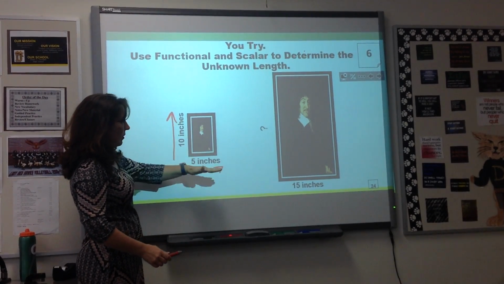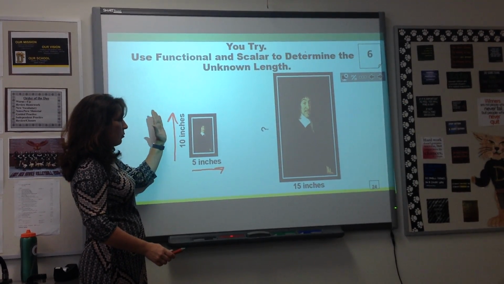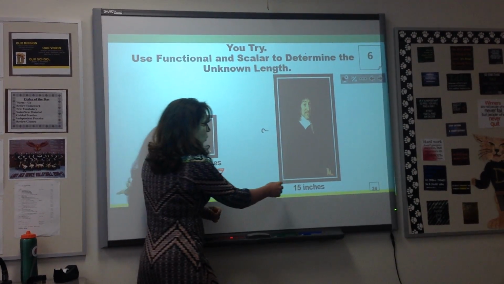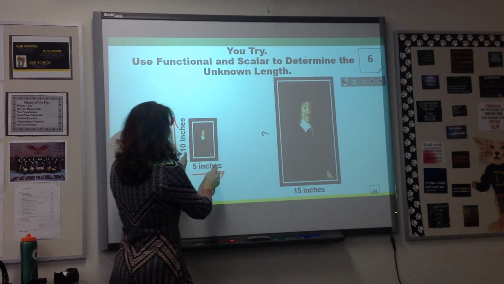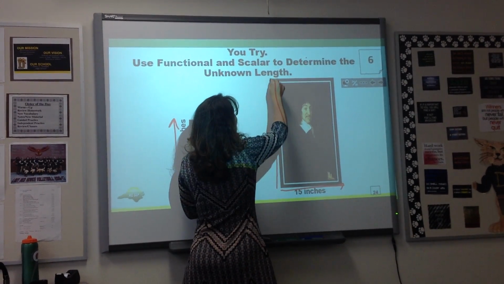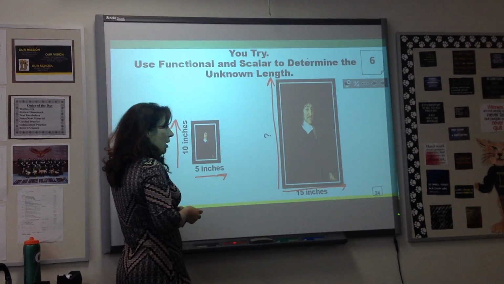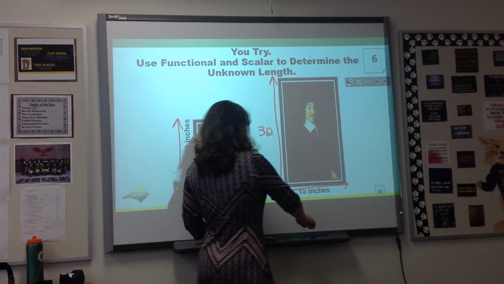Well, that relationship is 5 times 2 is 10. Okay, that's the functional relationship. So I have to maintain that same relationship. So if 5 times 2 is 10, 15 times 2 gives me what? 30. Now let's look at that proportion.